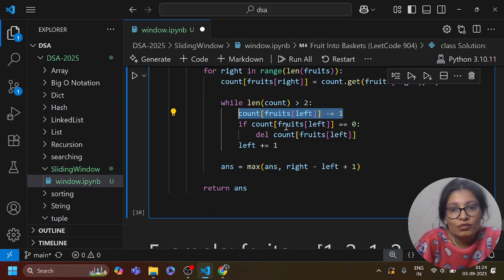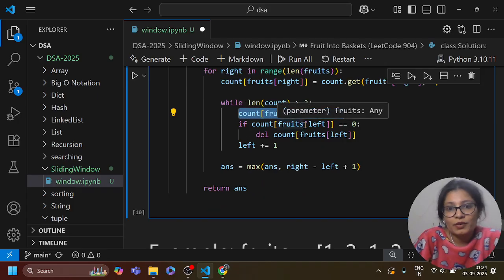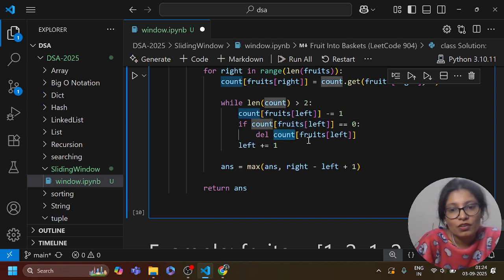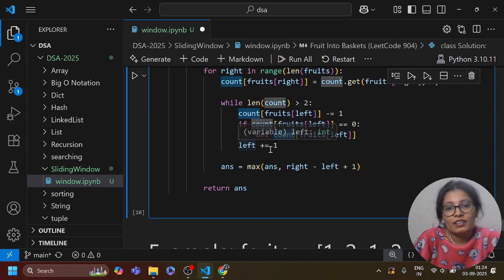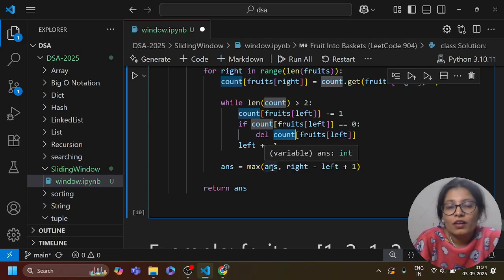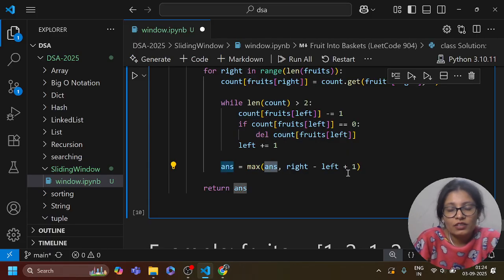If the fruit count equals 0, delete count of the fruit from the left and increase left by 1. Our answer equals the maximum of answer and right minus left plus 1.